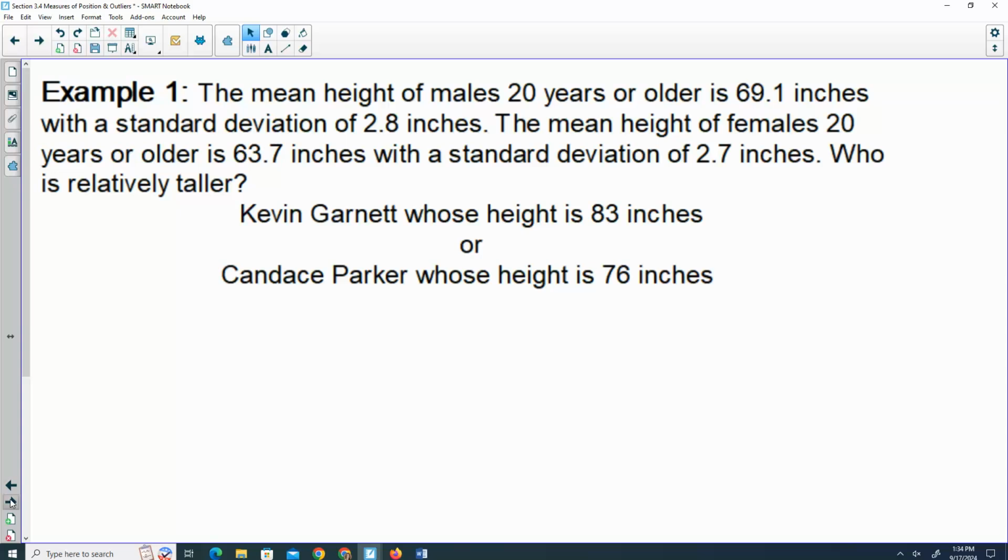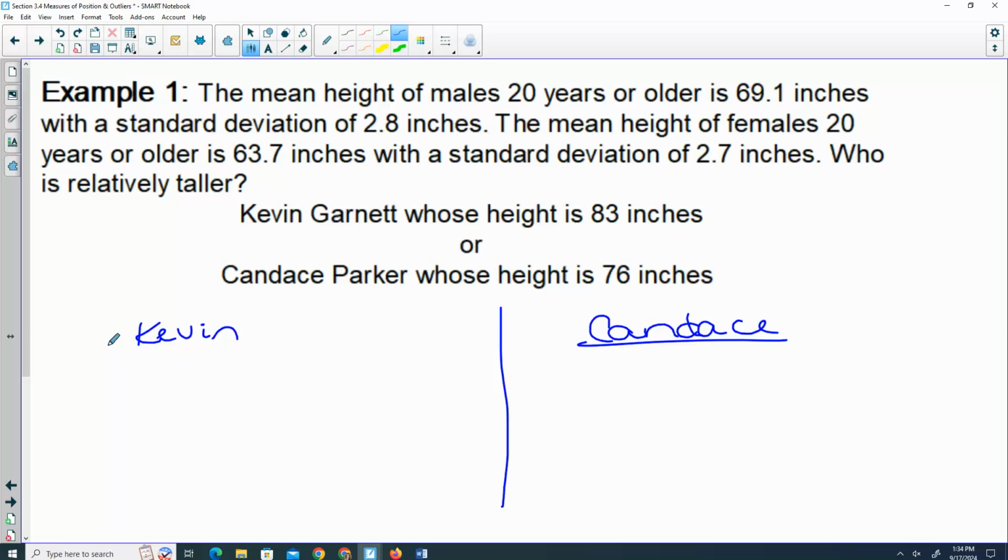So if I look at this, we have 2 different people. We are going to find a z-score for each of them so that we can compare them. For each one, we need the mean and standard deviation for their group.